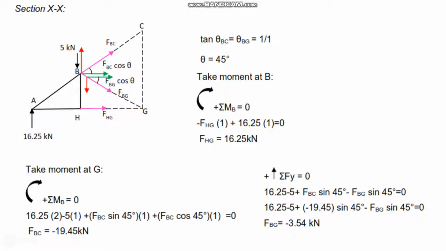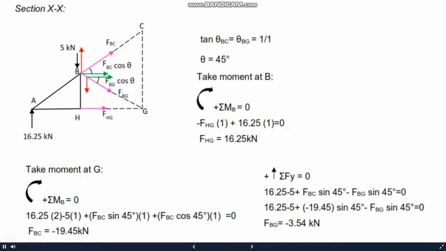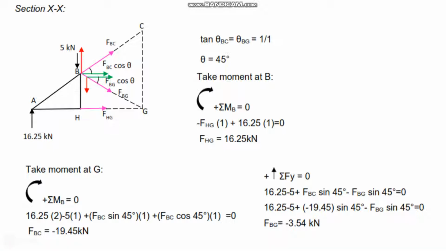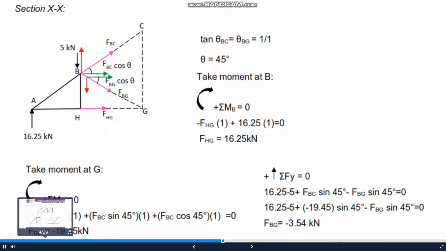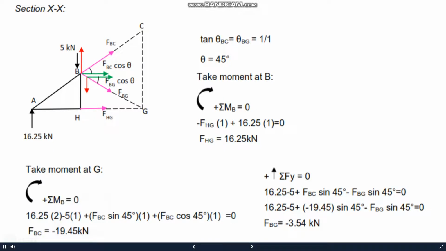To find FHG, I take a moment at point B, and I get FHG equal to 16.25 kilonewton. Another point of intersection is at point G, and I get FBC equal to negative 19.45 kilonewton. To solve another one, FBG, we have to find the total vertical forces. For FBG, I get negative 3.54 kilonewton.